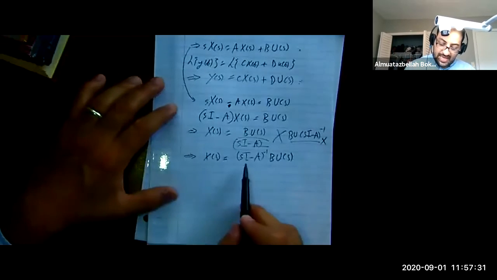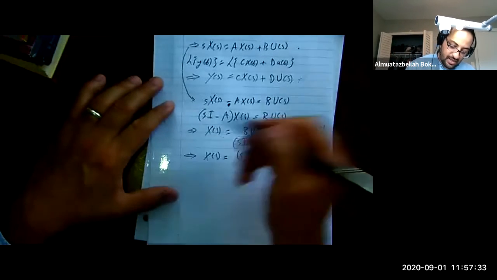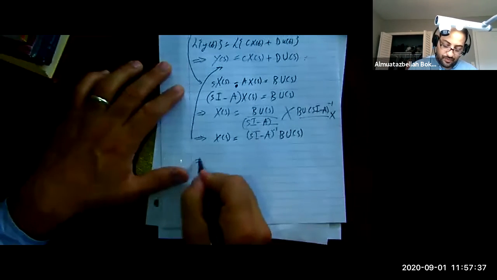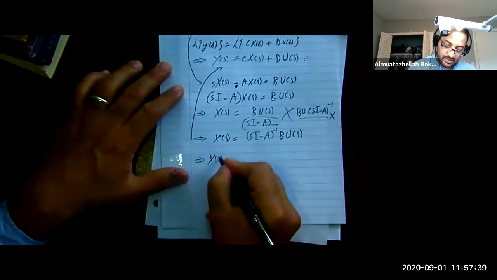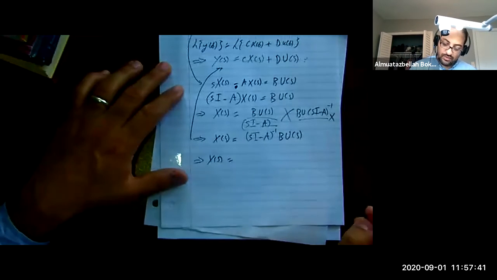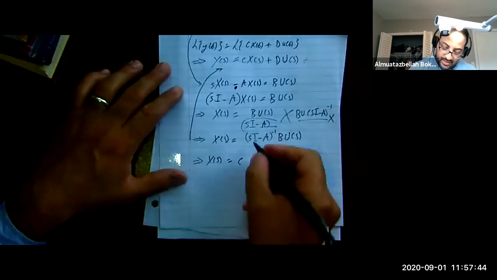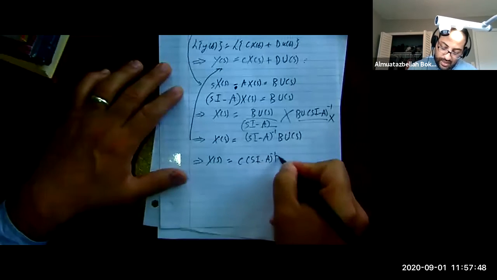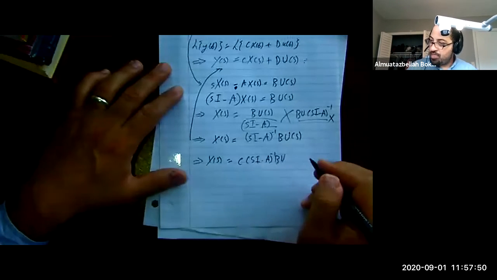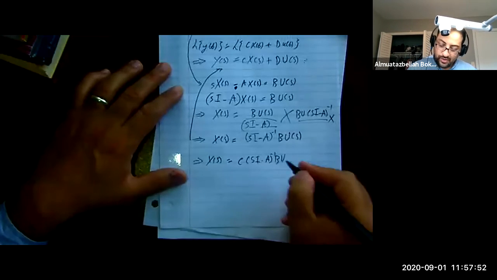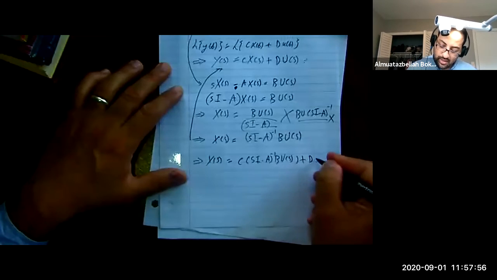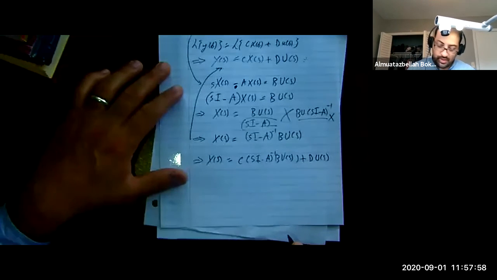Now take that and substitute it back into here. So that means Y of s is equal to C times (sI minus A) inverse B U of s plus D U of s.